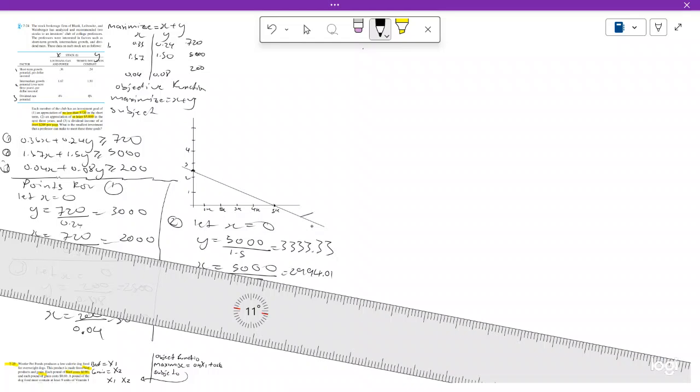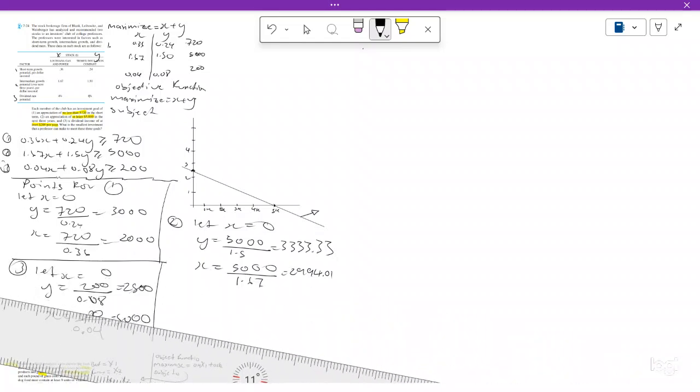So we solve for x. 1.67x minus 0.04x, then move everything to the other side.